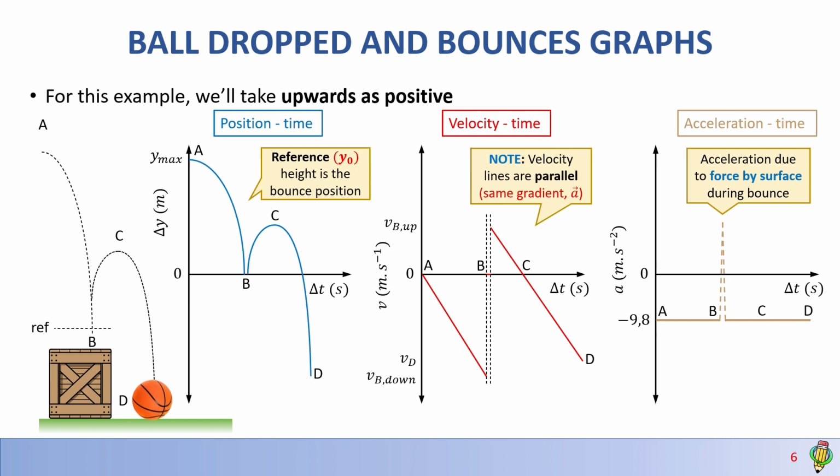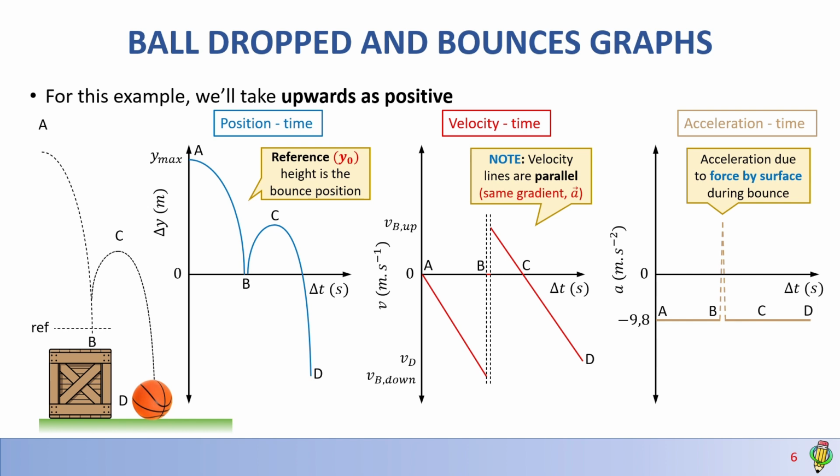In this case, during the instant when the ball is in contact with the wooden block, it experiences a force pushing it upwards, which is going to result in an upward net force, making acceleration go in the upward direction. But as soon as the ball leaves the block, acceleration resets to negative 9.8, and then the acceleration continues to be negative 9.8 until position D.